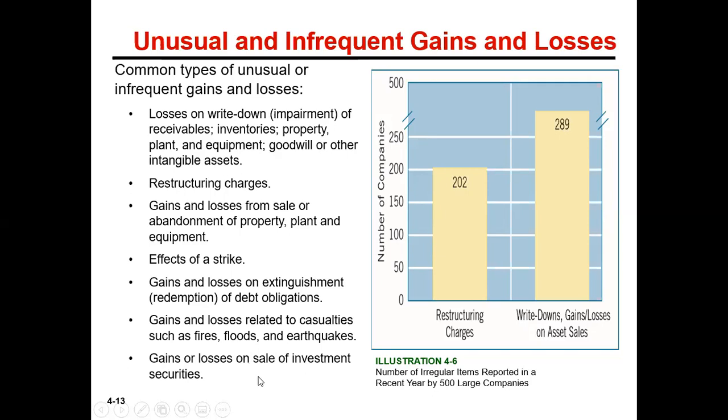So of these, we've got 1, 2, 3, 4, 5, 6, 7. Of the 7, the 2 most common are restructuring charges or impairment, or gain or loss on disposal of assets.